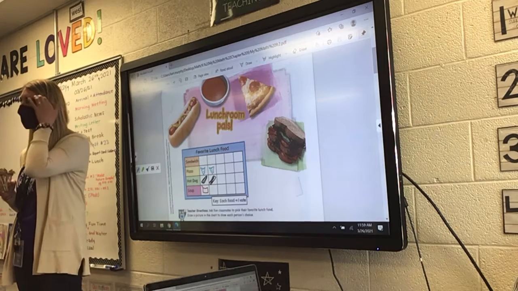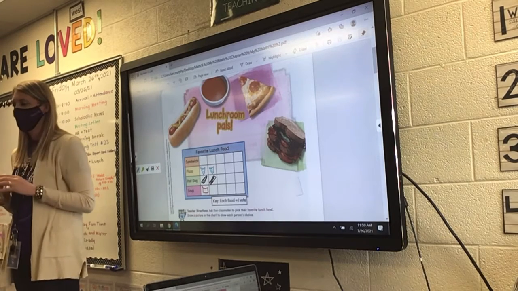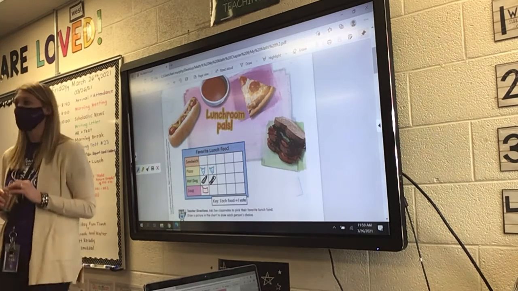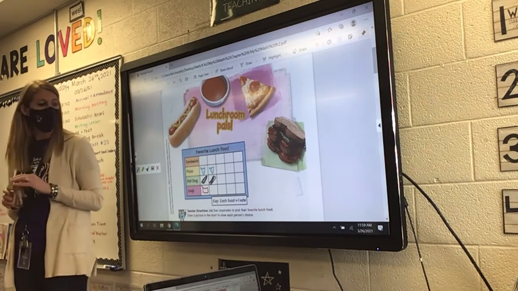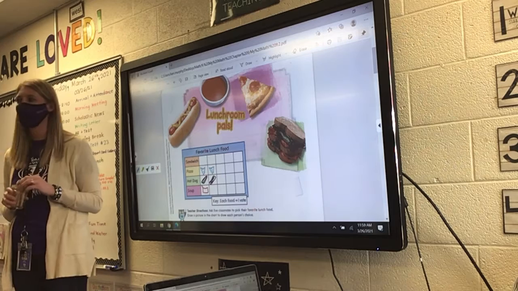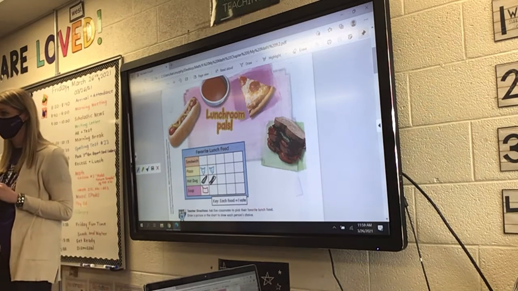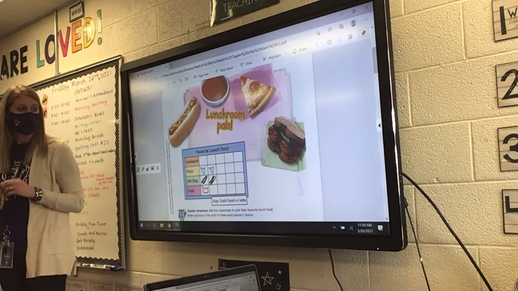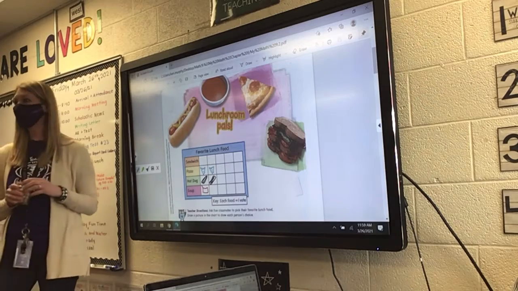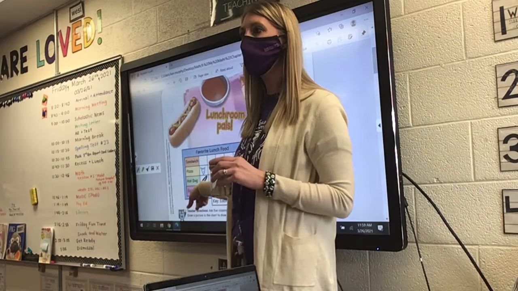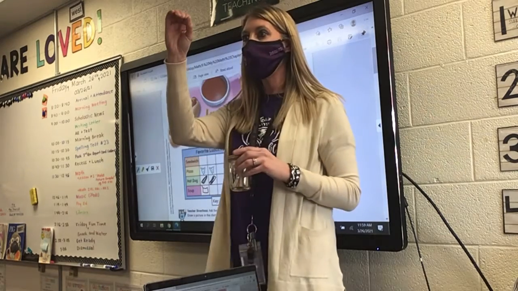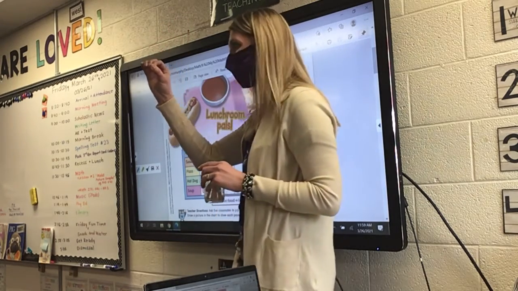Okay. Let me just ask you a couple questions. Looking at this pictograph, now this might trick you guys. Which food is the least favorite? It tricks some of you. Some of you said soup. Well, soup has 1, but sandwiches have 0.